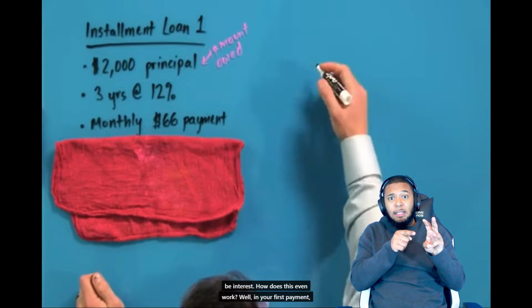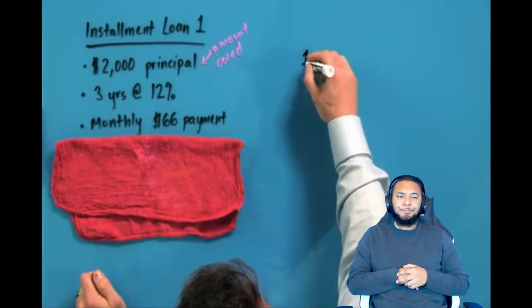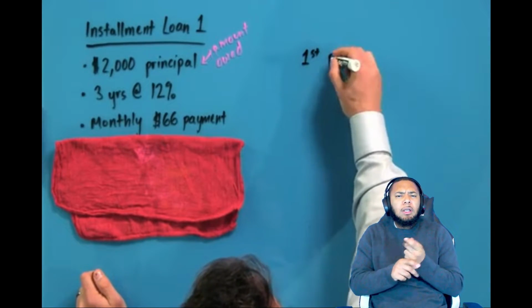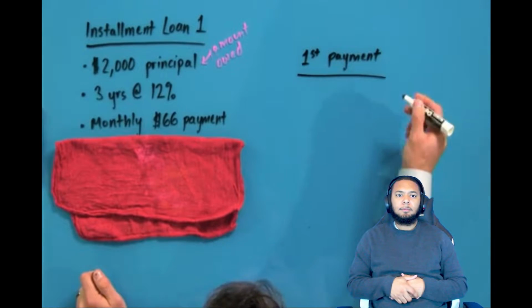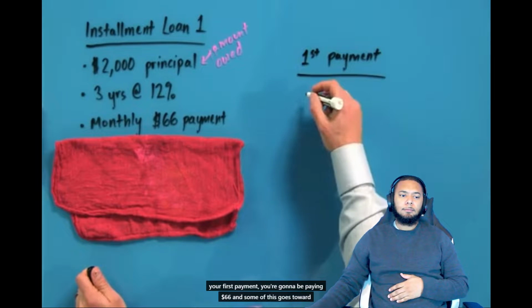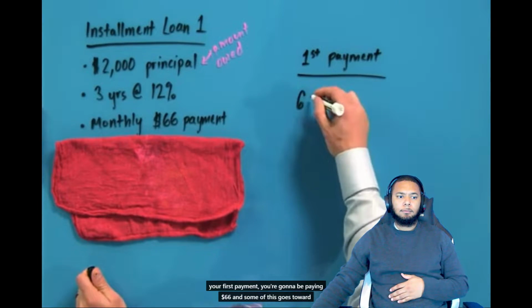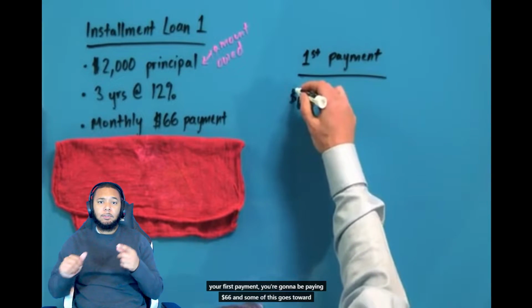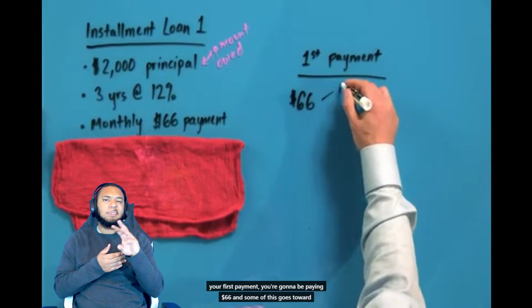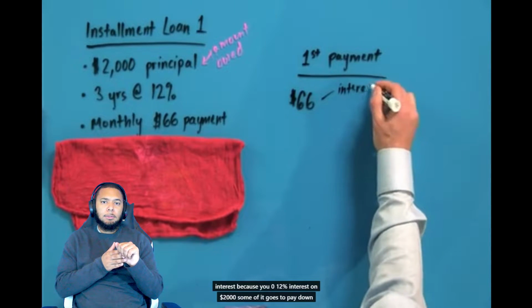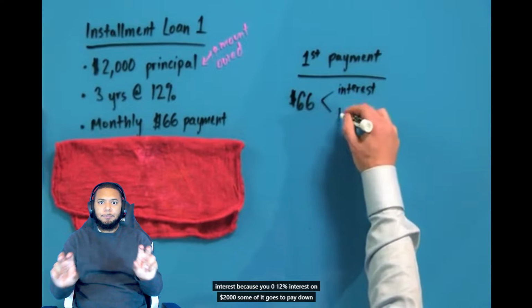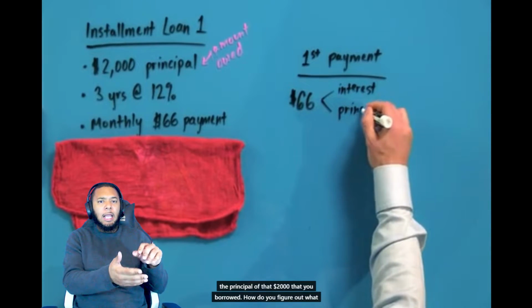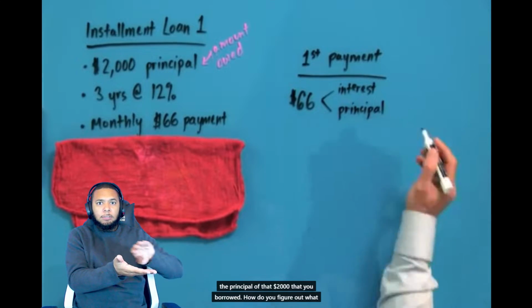Well, in your first payment, you're going to be paying $66. And some of this goes toward interest because you owe 12% interest on $2,000. And some of it goes to pay down the principal of that $2,000 that you borrowed.